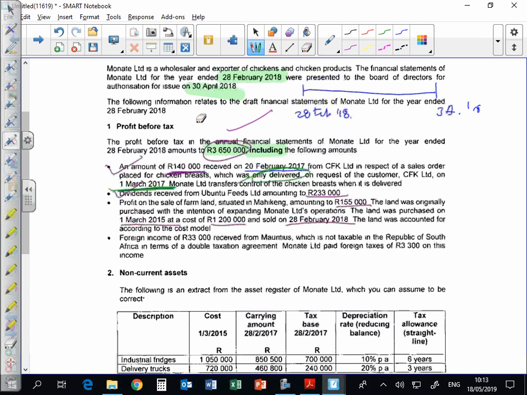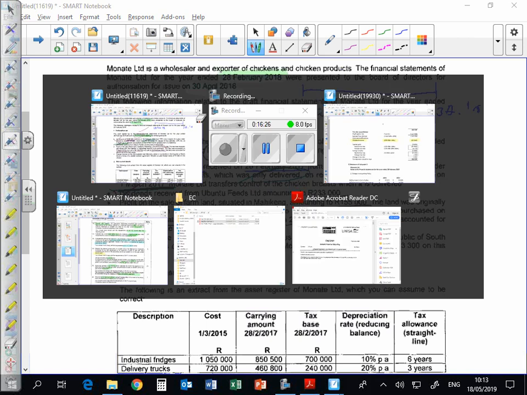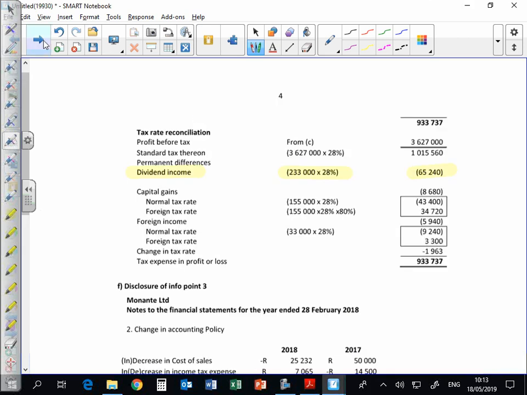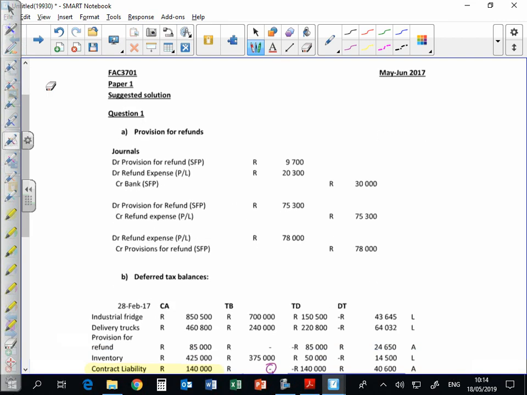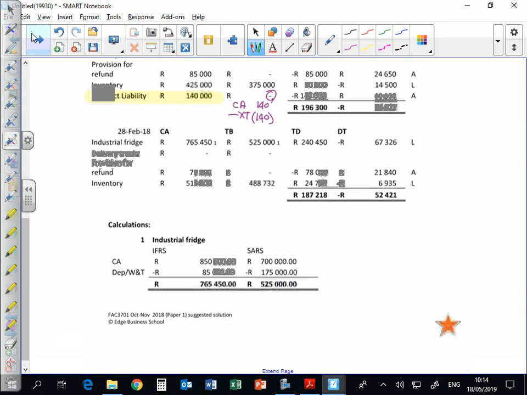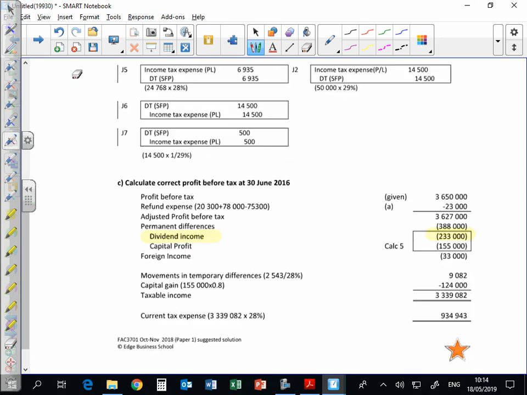In terms of a capital profit, that will be in our tax calc. We will have to exclude that capital profit because we are not going to actually be taxed on the capital profit of 155. It's included in our profit before tax, so we take it out there. However, what we will be taxed on is the capital gains rate of that.